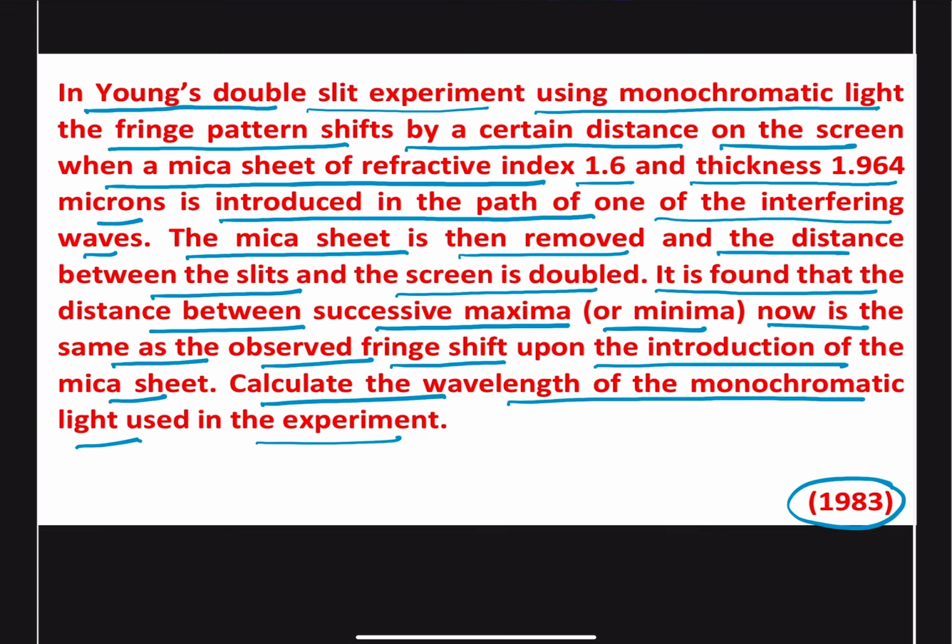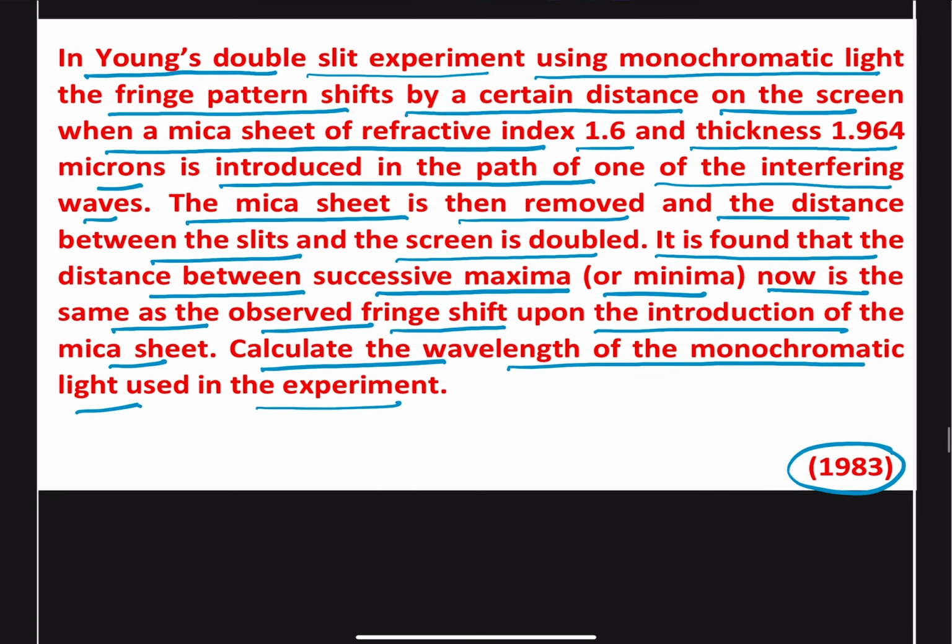So in this case, we have two conditions. First is the experiment with the introduction of the mica sheet, and in the second case it is without the mica sheet. But the only condition we have to remember is that the distance between successive maxima or minima is observed to be the same as the fringe shift upon the introduction of the mica sheet. Okay. So there is a fringe shift when the mica sheet is introduced. That fringe shift will be equal to the distance between the successive maxima or minima. So this condition we have to keep in mind.